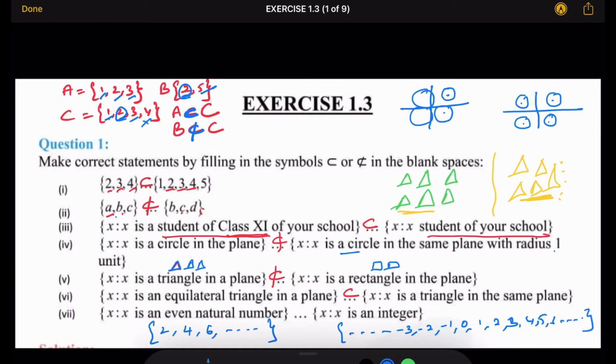So definitely you can see that 2 is an element of this, 4 is an element of this, 6 is an element of the second set. So the first set, x is an even natural number, is definitely a subset of x is an integer. Next we'll go to the next problem.